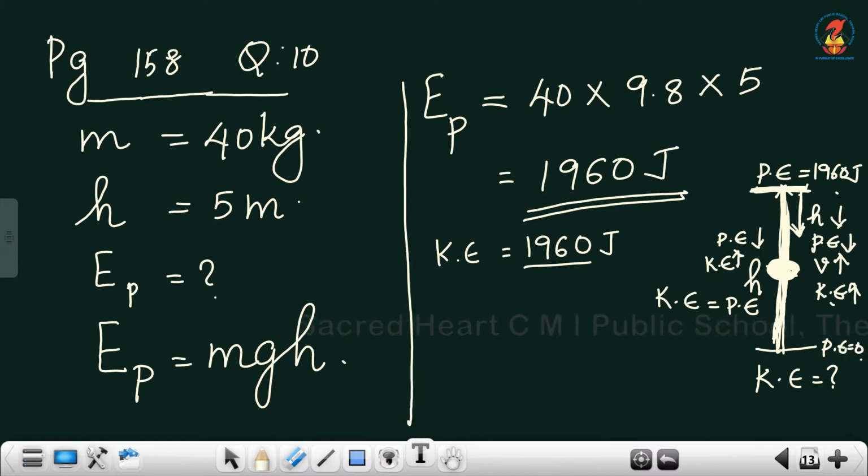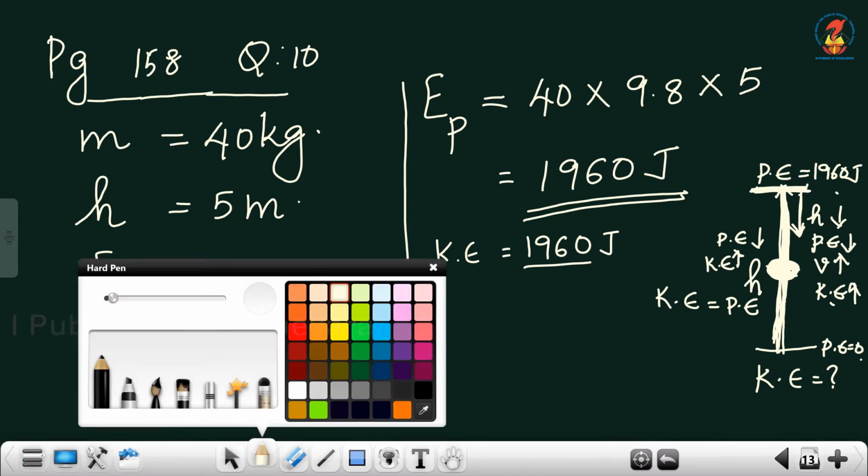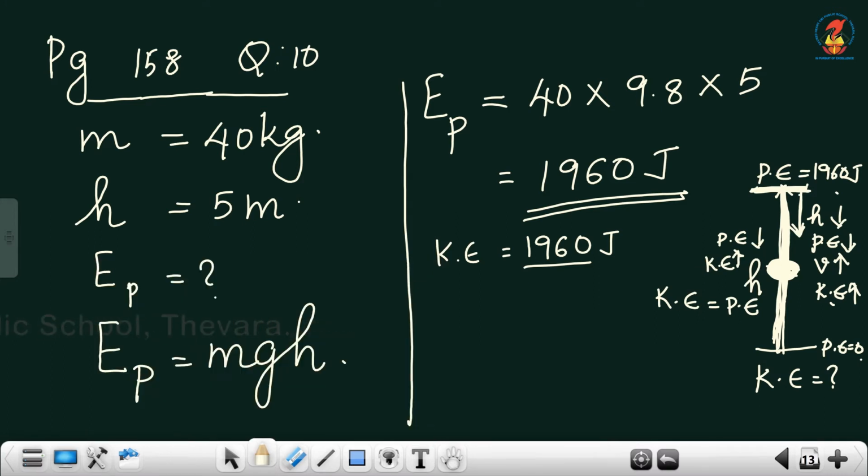And as the body descends, as potential energy decreases, kinetic energy will increase. And at halfway, at a half distance, when potential energy decreases to half the value, kinetic energy will increase by half the value. That is, kinetic energy will be 1960 divided by 2, which is equal to 980 joules.